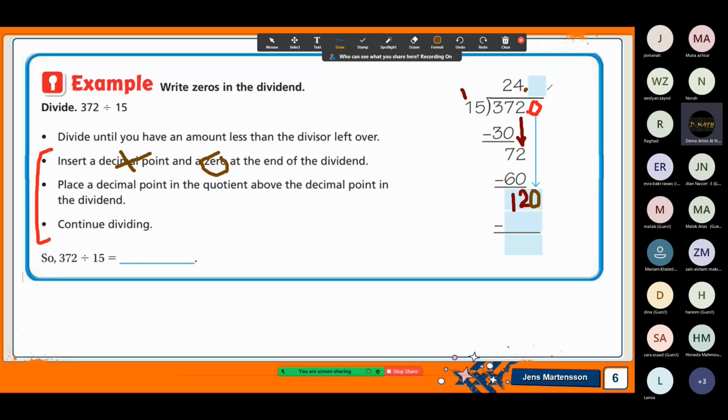It's 8. 8 times 5, 40. 8 times 1 is 8 plus 4, 12. Then after you subtract, you get the answer as 0. Okay. So dividing 372 by 15, the answer is 24.8.